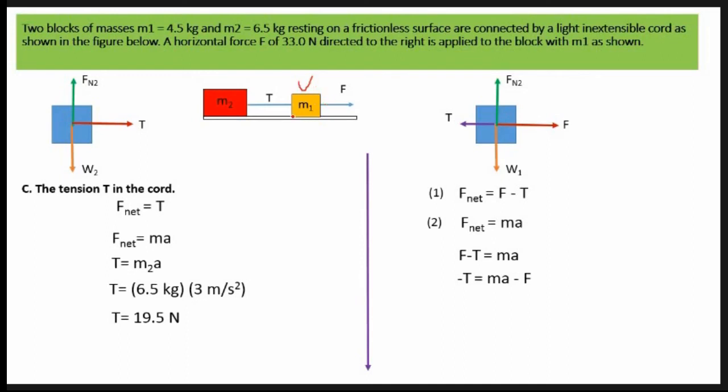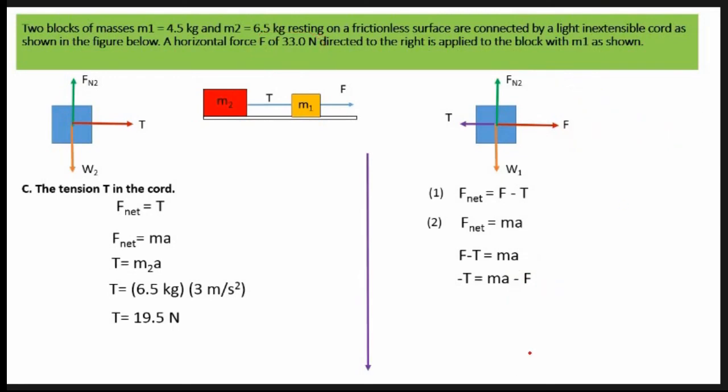We solved it in the previous problem, and that's 3.0 meters per second squared. Do we have the value of the applied force? Yes, and this is 33.0 newtons. So well and good.